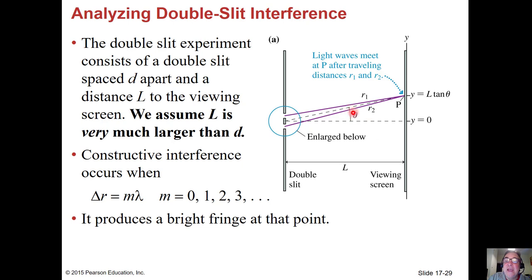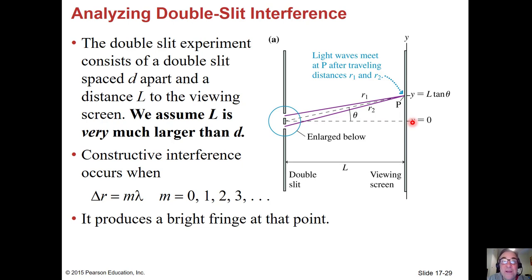This is theta. This is the angle that corresponds to this bright fringe here. So just from a little bit of algebra, the tangent of theta is the opposite side, and that's what y is here, divided by the adjacent side, and the adjacent side is here.